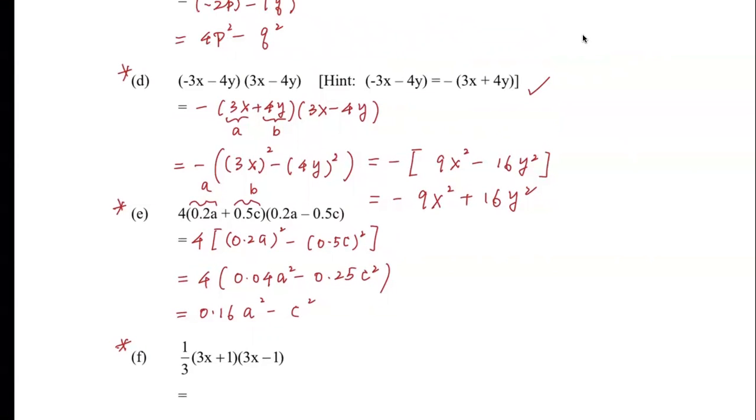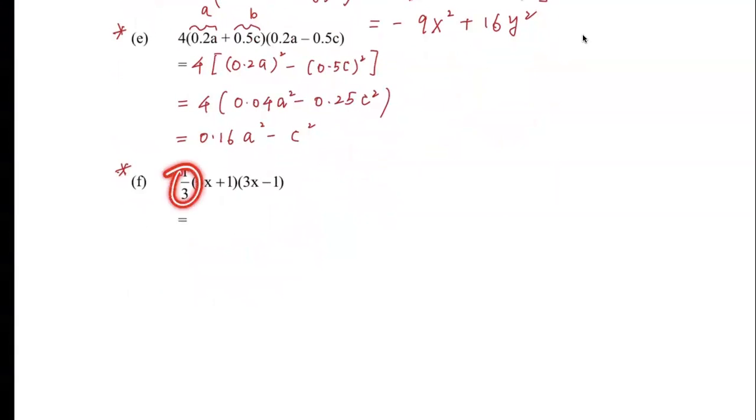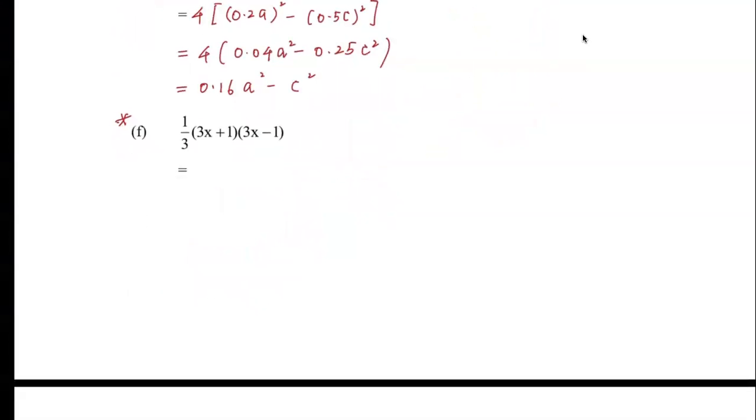In question E, the coefficient is 4, and in question F, the coefficient is 1/3. So when we deal with this formula, we need to keep the coefficient outside the brackets.